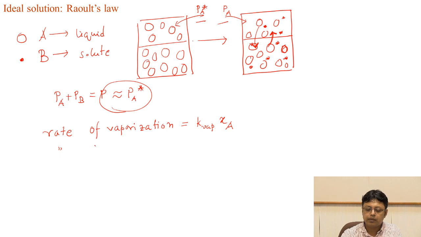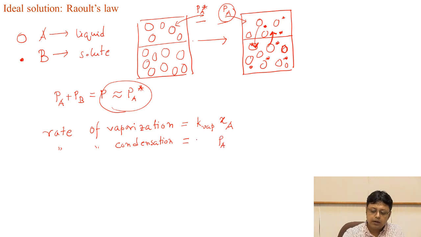So it will be proportional to the mole fraction of A, with the proportionality constant we are writing as K vaporization. Similarly, there will be a rate of condensation, meaning all these A molecules are also coming back, and that rate will be proportional to the partial pressure of A, because if the partial pressure is high, there will be a higher tendency of the vapor to go back into the liquid.